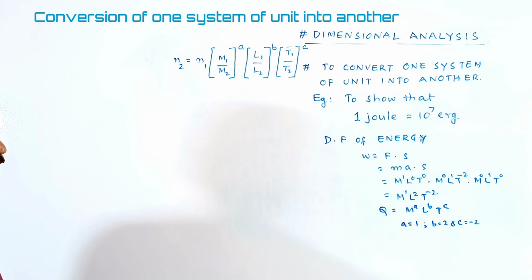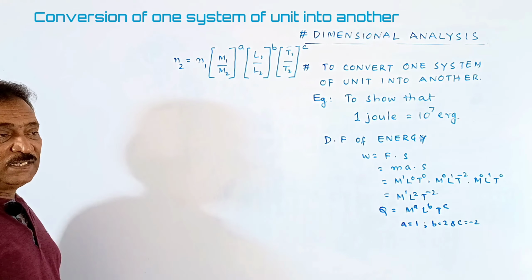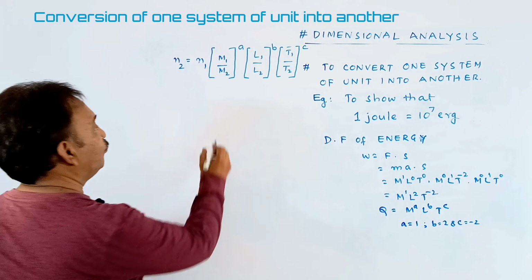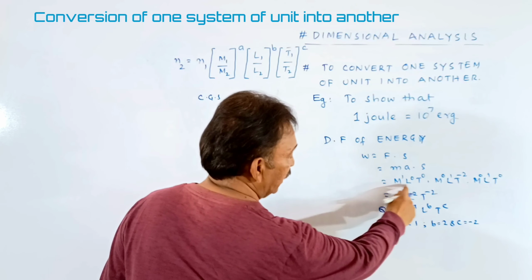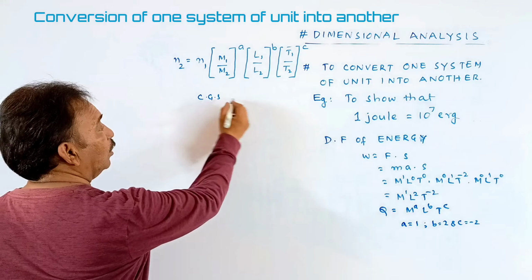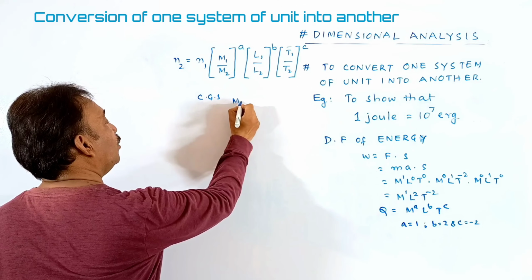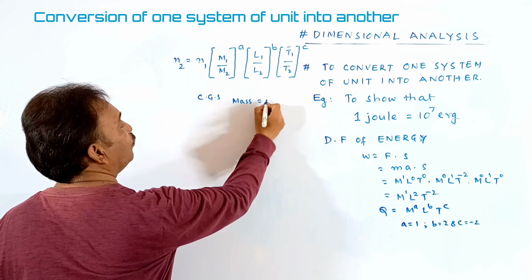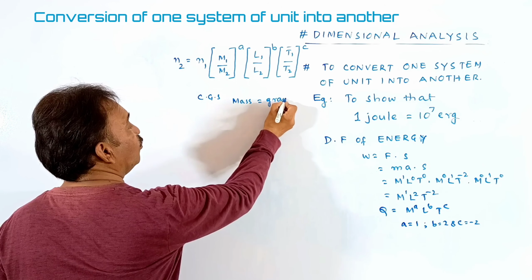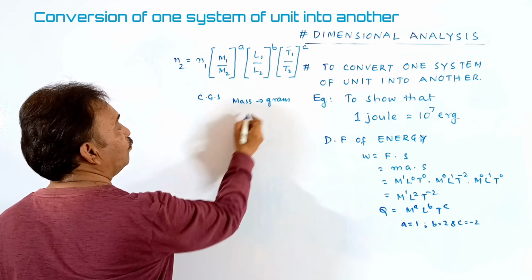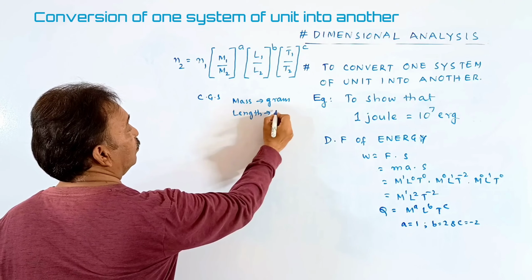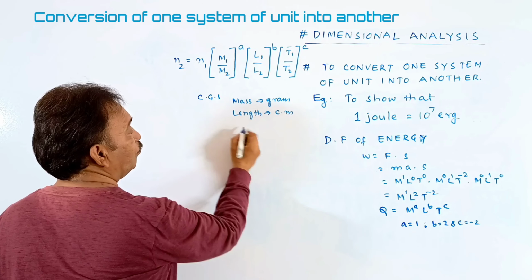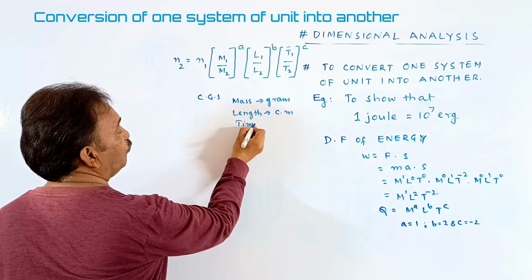Now we'll write the units in CGS system and MKS system. In CGS, all the physical quantities are involved. Mass is measured in gram. Length is in centimeter. Time is in second.